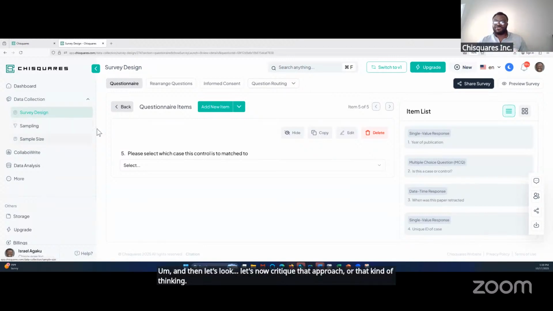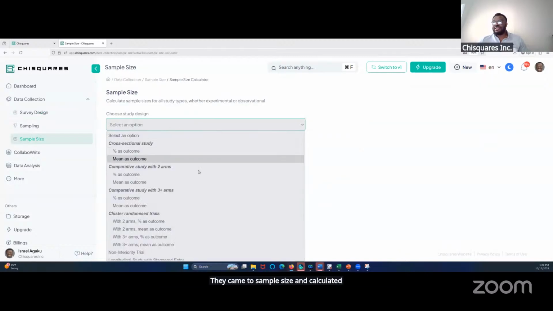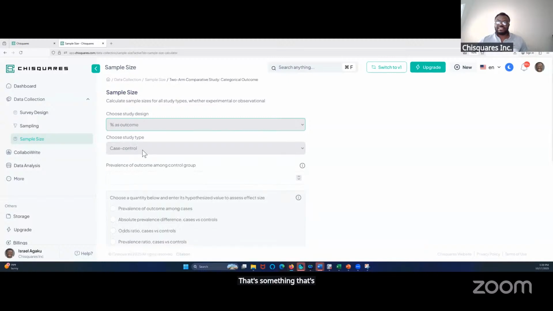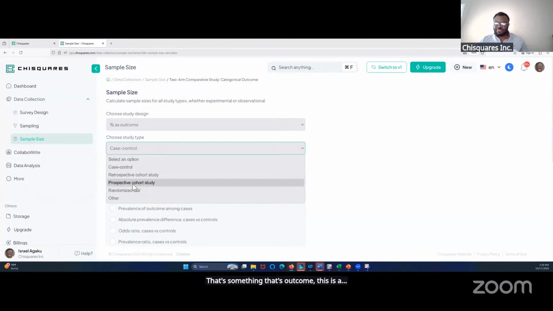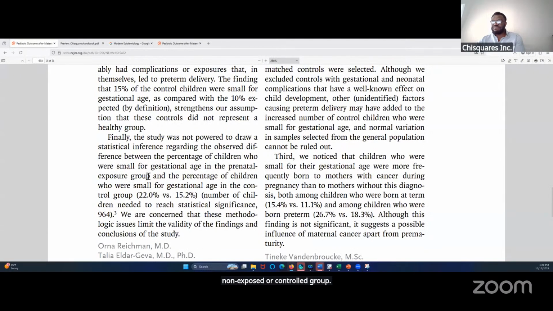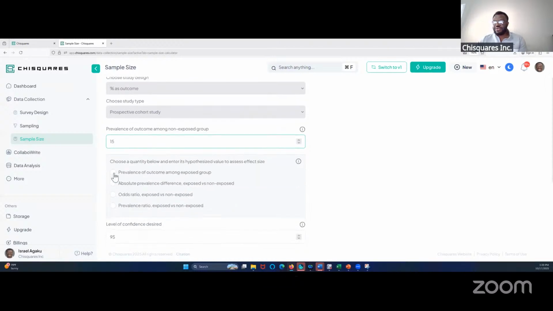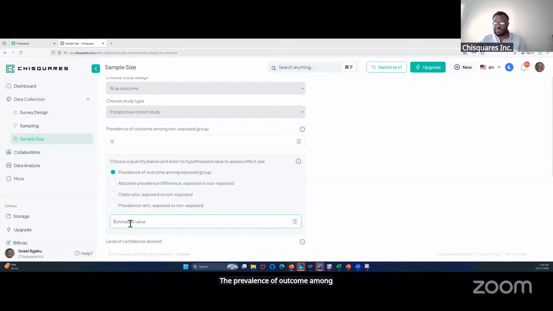They came to sample size and calculated for a comparative study with 2 arms, percentage as outcome. This is a prospective cohort. So they're saying that if you're going to do a prospective cohort study and the prevalence of the outcome among the non-exposed or control group is 15%, and the prevalence of outcome among the exposed is 22%.